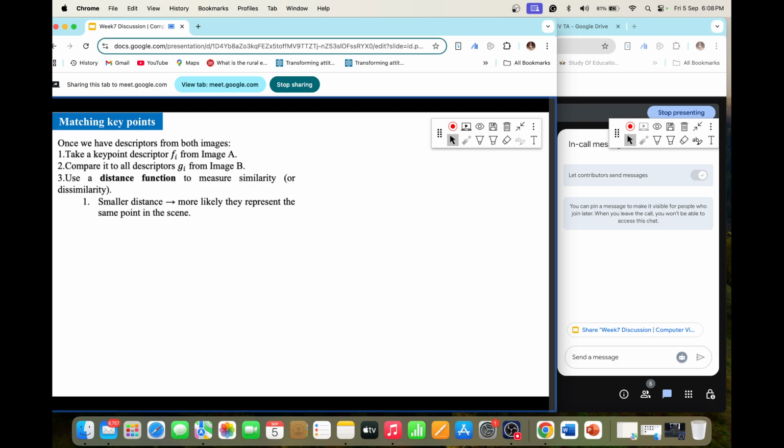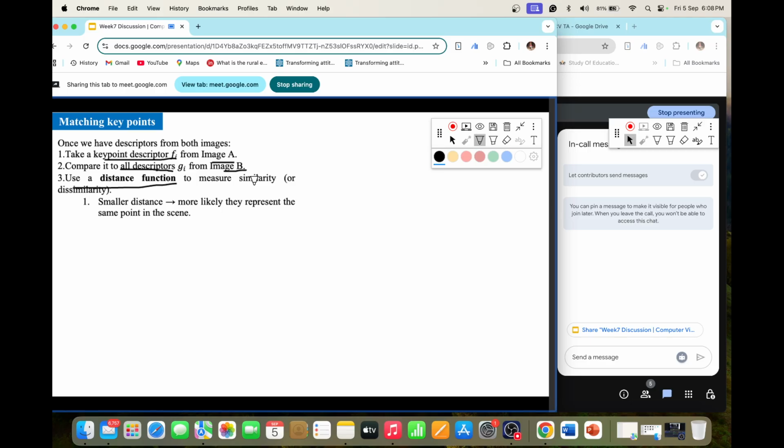Once we have descriptors from both images, we take a key point descriptor fi from image A and compare it to all the descriptors gi from image B. We use a distance function to measure the similarity or dissimilarity.